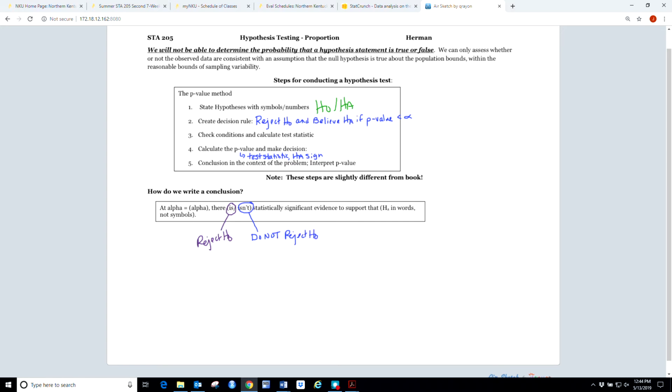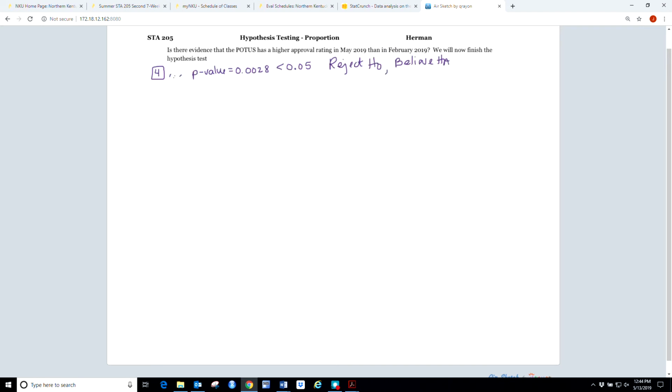That's how I choose between those two words, simply based upon whether I rejected or not. And then finally we're going to say to support our alternative hypothesis in words. So let's see if this makes sense as we put it all together.